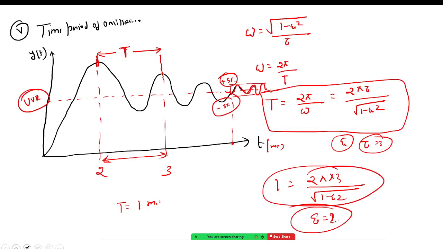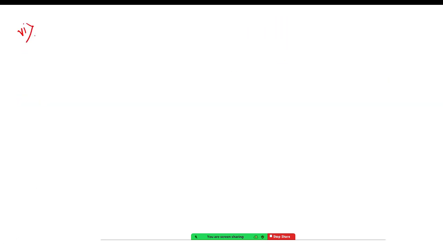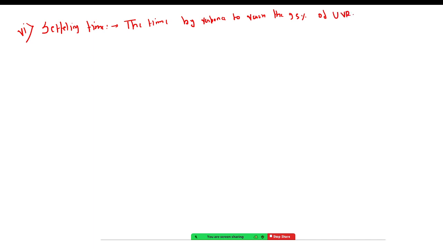So I'll define the next parameter, that is 6.1, and I'll tell you the time for the response to reach 95% of the ultimate value of response that I showed you over here.